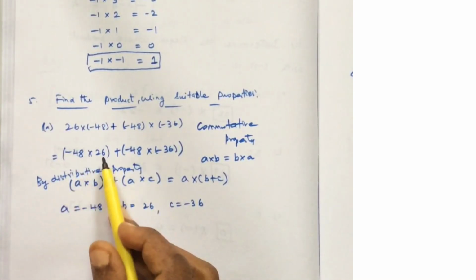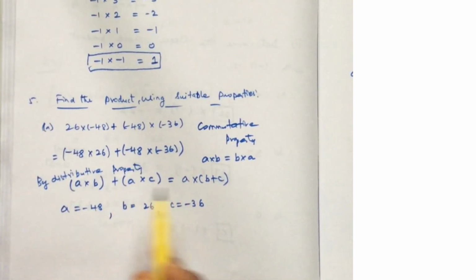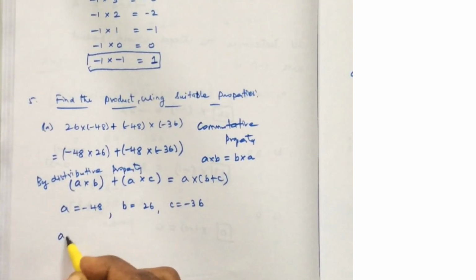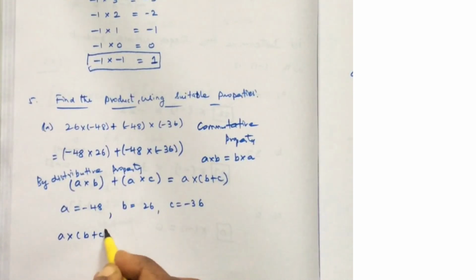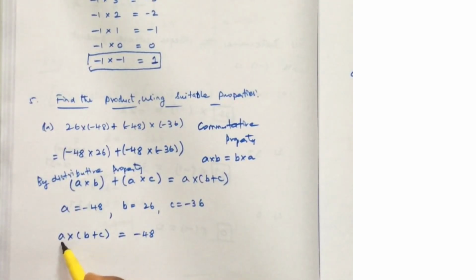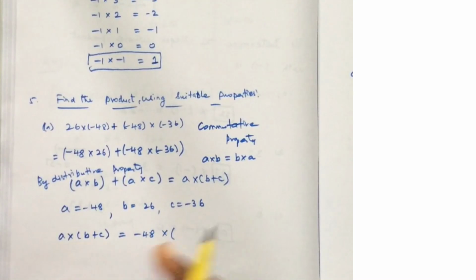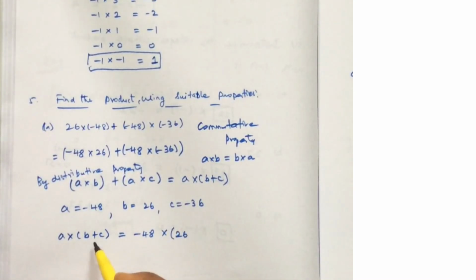Okay, now what you have to do is, here it is in this form, A multiplied by B plus A multiplied by C. Now you have to bring this to this form. What is this? A multiplied by B plus C, that is equal to, what is A here? Minus 48. A is minus 48 multiplied by, what is B? 26. This plus, what is C?